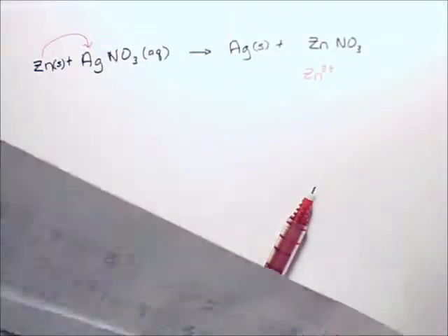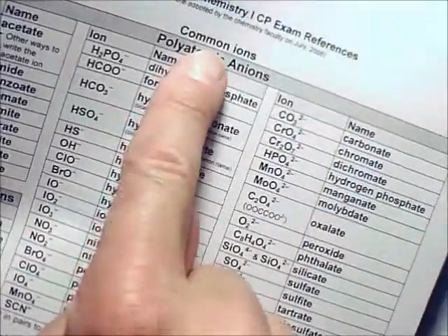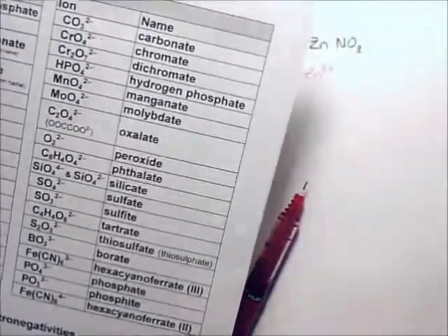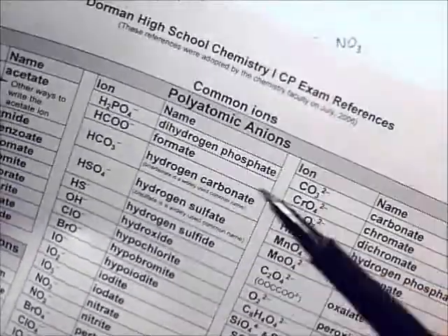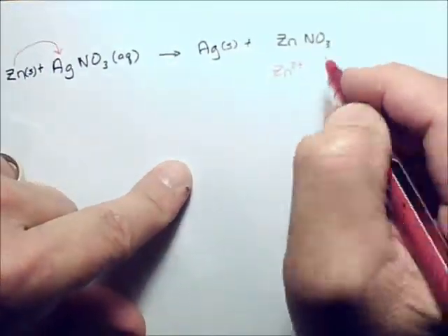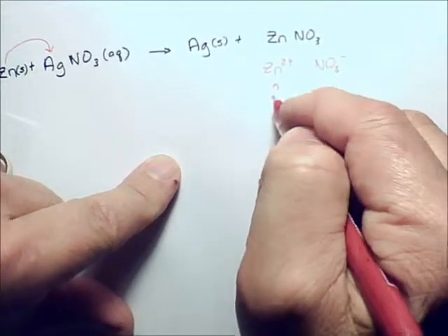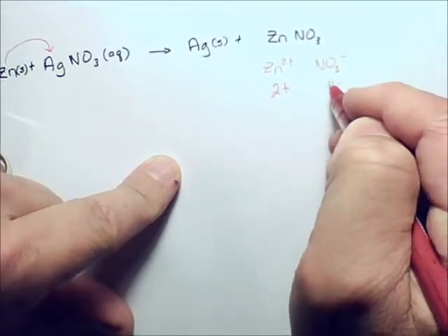Polyatomic chart. Well, the name of it is the common ions list, but you could call it a polyatomic chart. And nitrate, yes, indeed, is 1 negative. There it is, right there. NO3, 1 negative. So we've got a 2+ and a 1 negative.